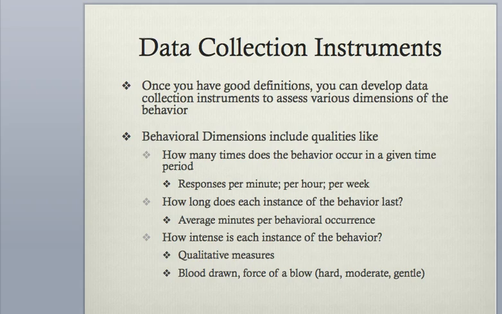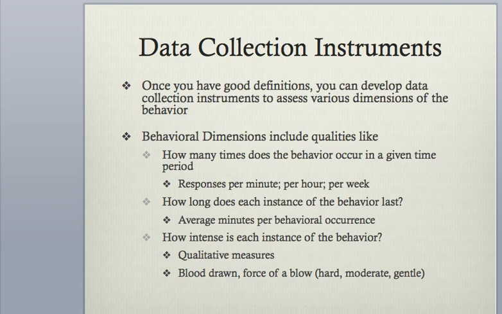We may also want to know about intensity. So how intense is each instance of the behavior? What's its magnitude? How strong is the behavior? These tend to be more qualitative, so you can measure them on a qualitative scale, like a scale from 1 to 10.